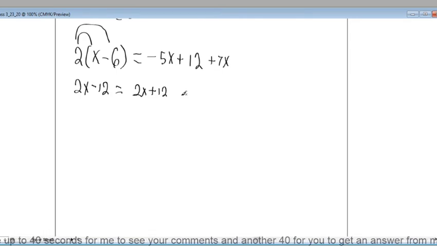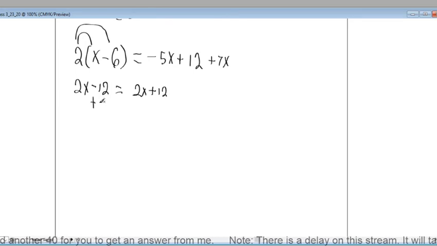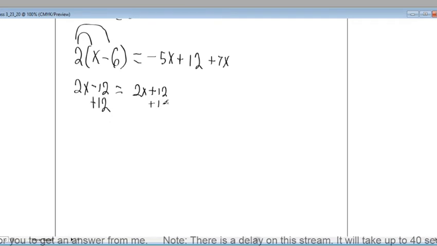This is a contradiction. So a contradiction is something that cannot possibly happen. So if we go ahead and keep solving this, we would add 12 to both sides. So it cancels there, but here we get 24.